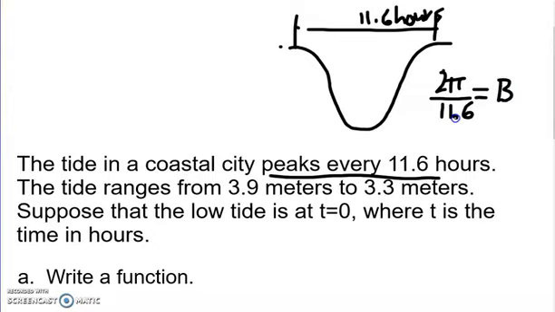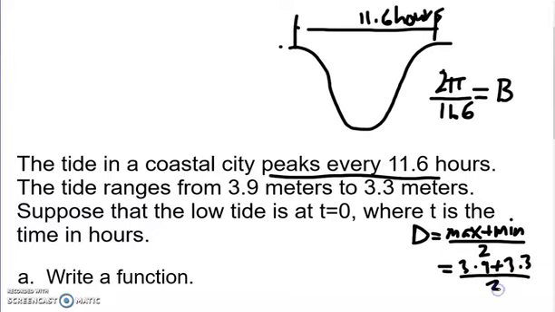Now it says also the tide ranges from 3.9 meters to 3.3 meters. So our d value, which is our vertical shift, is maximum plus minimum divided by 2. So 3.9 plus 3.3 divided by 2, and that is 3.6. So that is really great. That is our center line for this graph here.